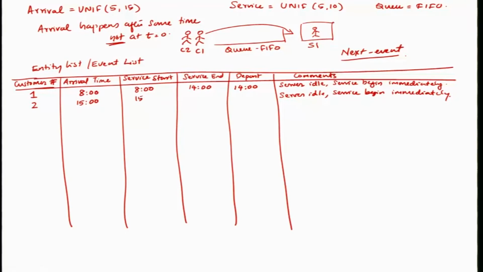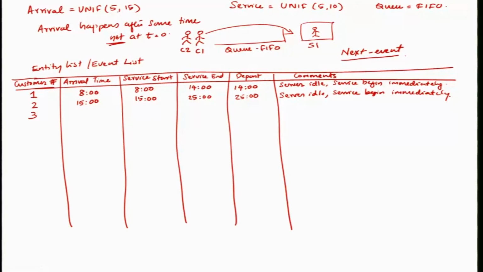The service starts at 15, and I am taking the service time to be 10 time units, since any value between 5 and 10 is equally possible. So, it will get over at 25, and it will leave at 25.